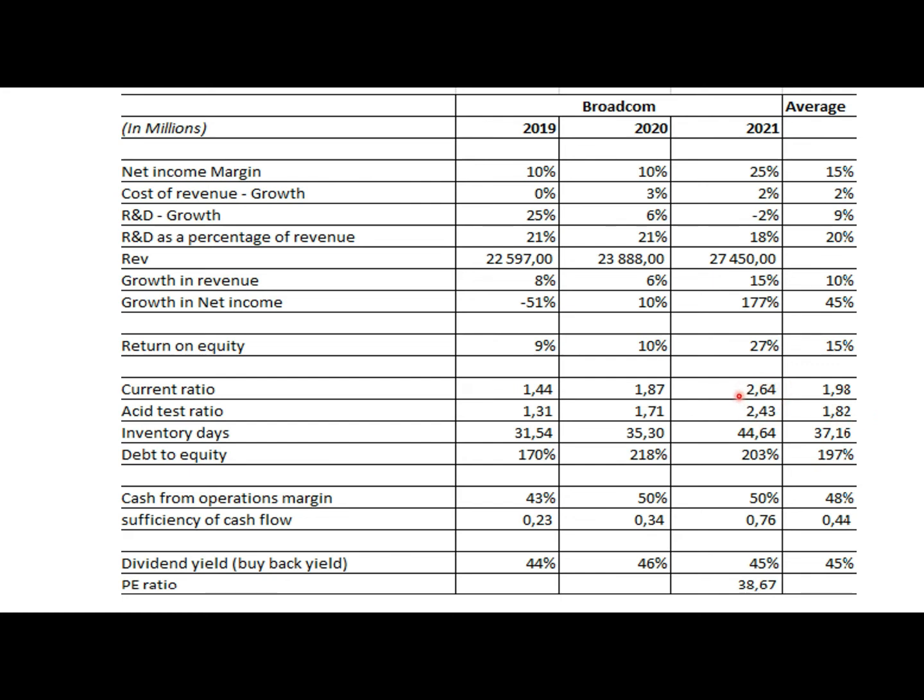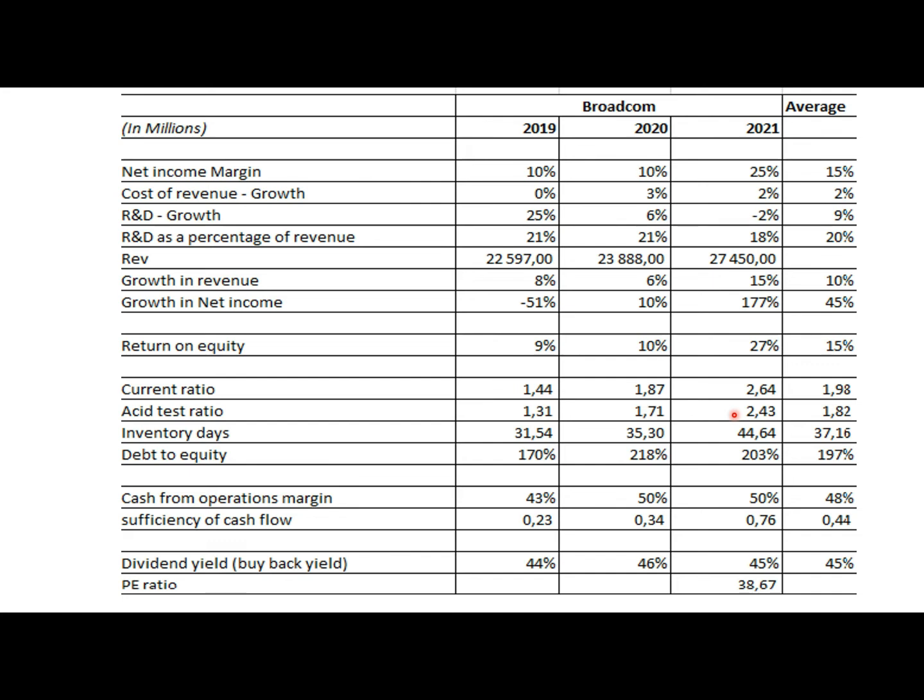You look at the current ratio, Broadcom has well over 2 times the current assets to cover the current liabilities. Asset test, same thing, well over 2 times liquid assets to cover the current liabilities. So overall, a strong financial position just looking at those two ratios. No liquidity risk in my view.